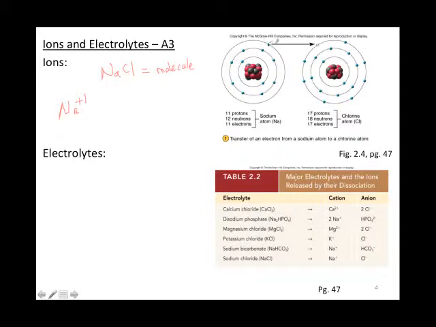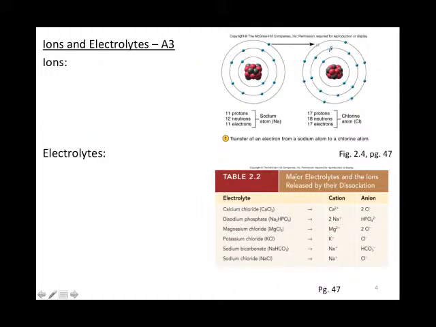So we can say that sodium then has a positive 1 charge because it is going to want to give away that electron. And when we get rid of that electron, we now have 11 protons, 10 electrons, and if we do our little arithmetic for our charges here, what's the overall charge? A positive 1. Same with chlorine here.